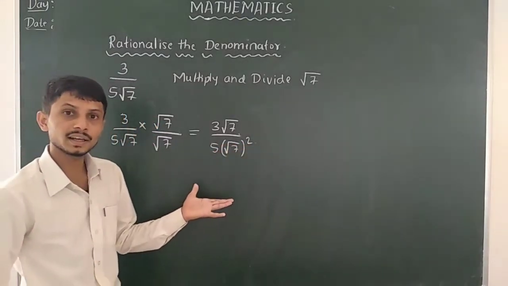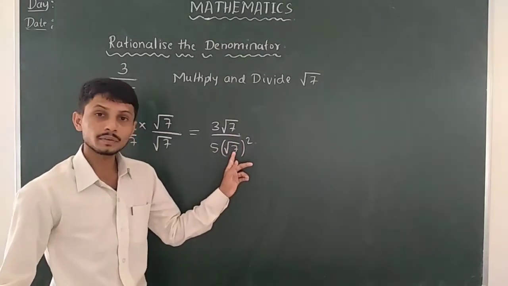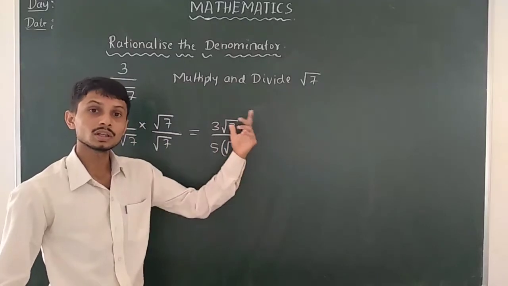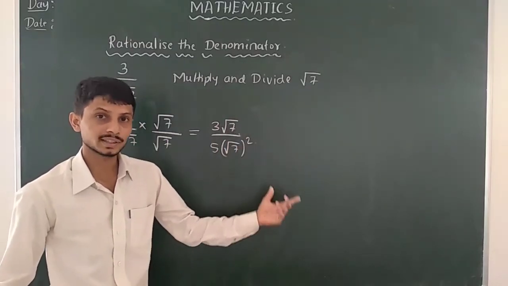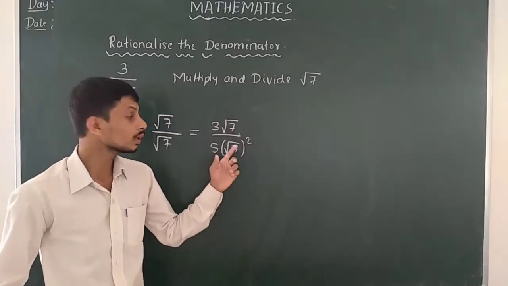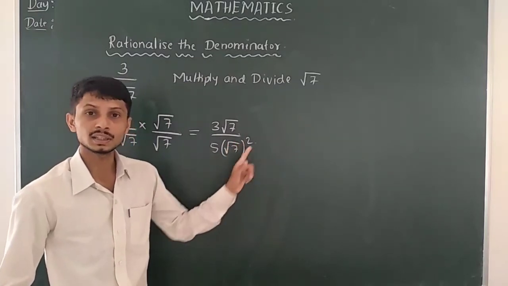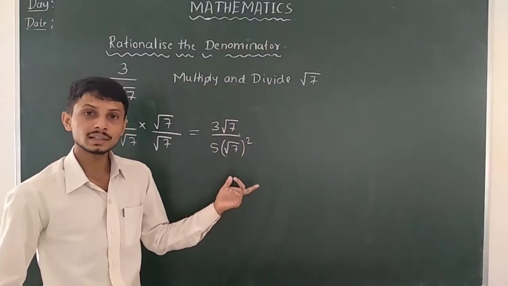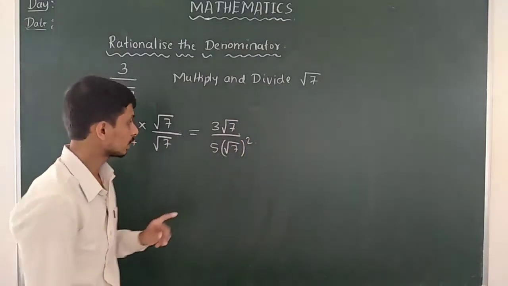So we already learned that root 7 can be written in the form of 7 raised to 1 by 2, whole raised to 2. So (x^m)^n is equal to x^(m·n). So m into n means 1 by 2 into 2, it will cancel the 2 in the numerator and the denominator, and then only 1 remains.